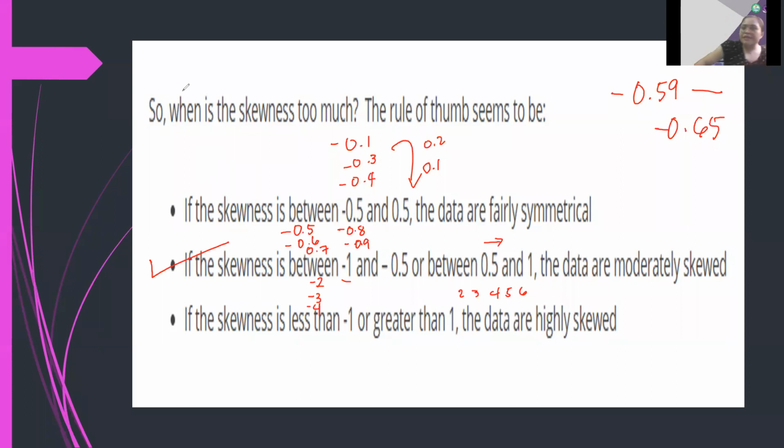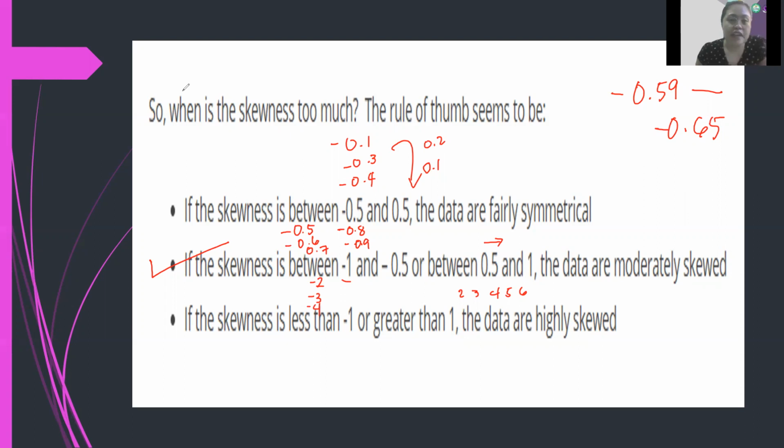Sa JASP kasi, marami kasi tayong formula for the skewness. Merong mga slight difference. So as you can see, when you did the manual computation, the answer is negative 0.59, but for JASP, it's negative 0.77. It's still acceptable. Meron talaga siyang magkaibang way sa pag-compute. Kagaya lang yan siya nung pag-compute ng sample class na we can use the Slovin's formula, others can use other formula and even the Raosoft software.